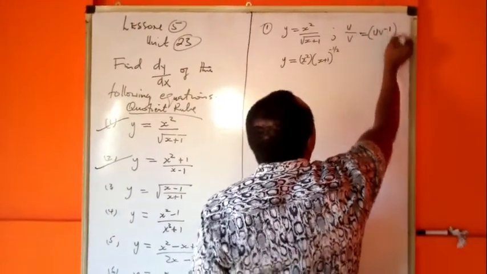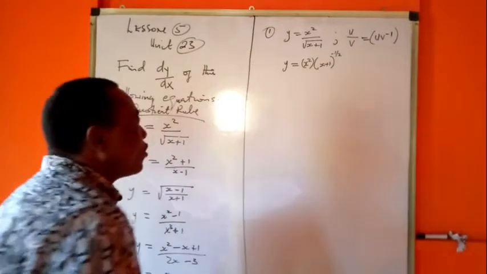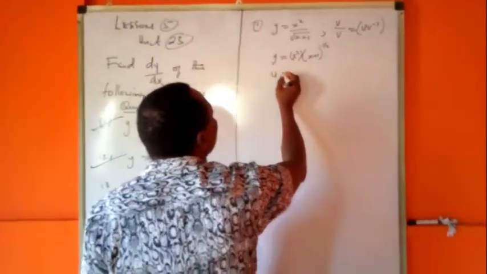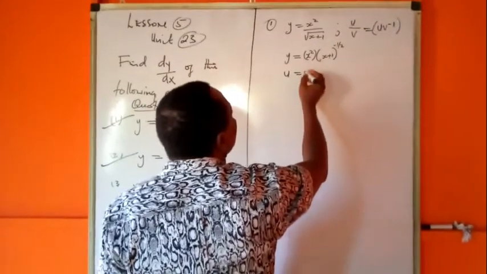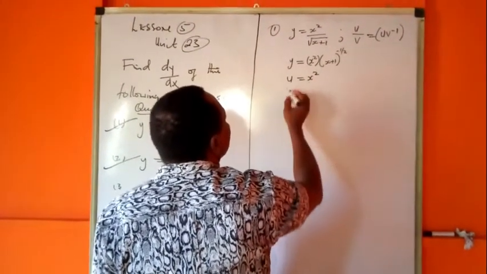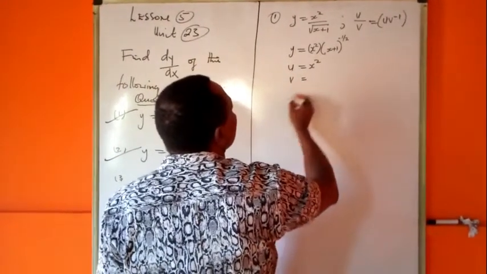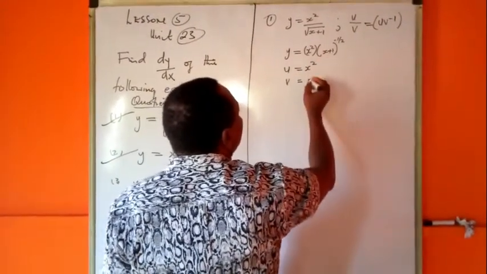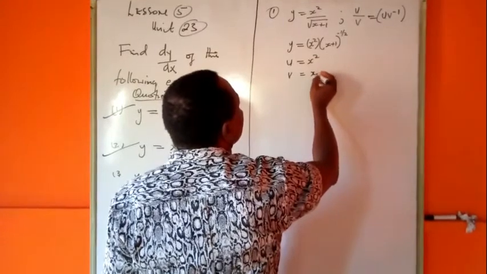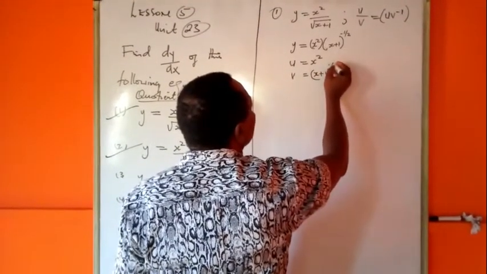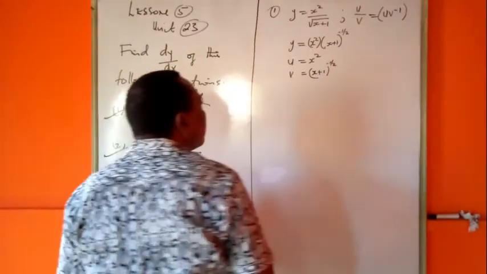If you get that instruction clearly, then we can now say our u is equal to x squared. Our v is equal to x plus 1 raised to power minus 1 over 2.